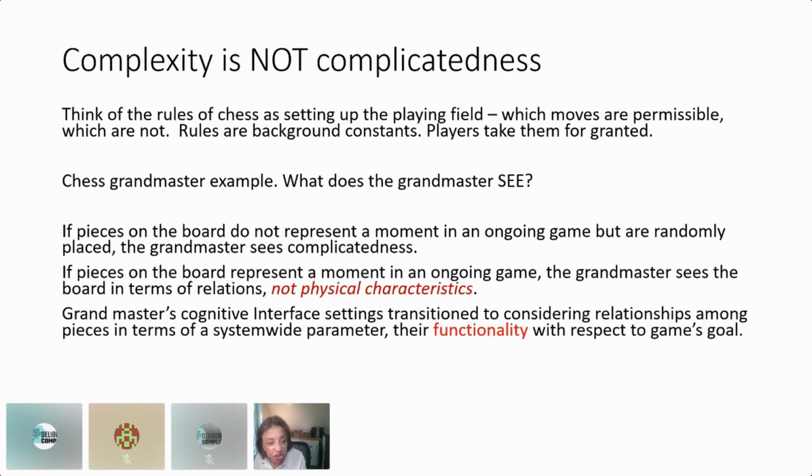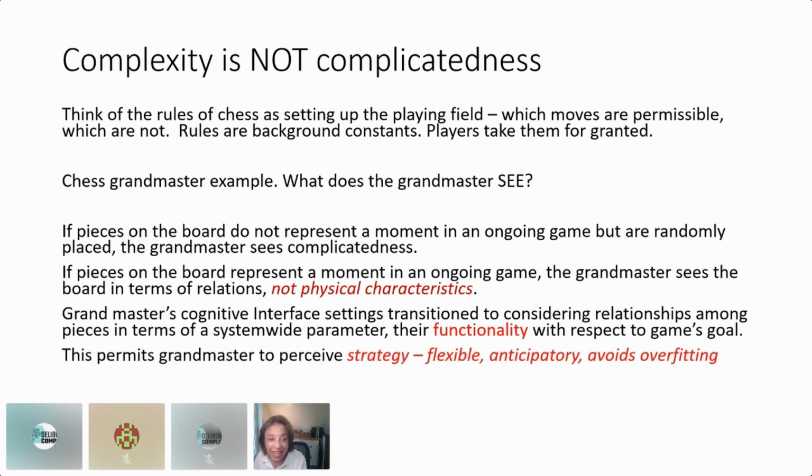So what I'm suggesting is that the cognitive interface of the grandmaster has transitioned, and that's the reason they're a grandmaster and not me. They now view the relationships in terms of a system-wide parameter, a functionality. Call that strategy.